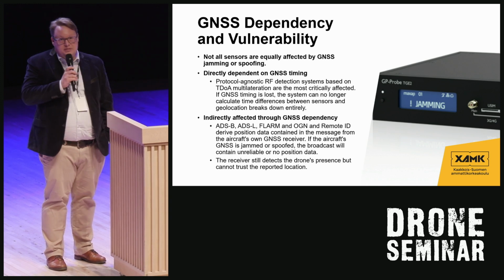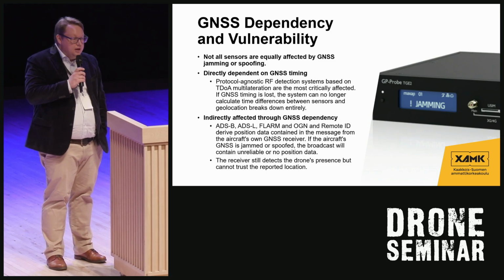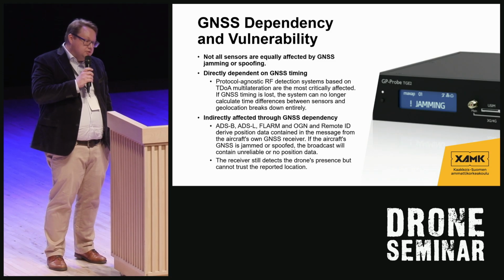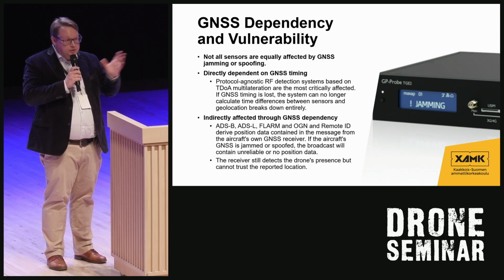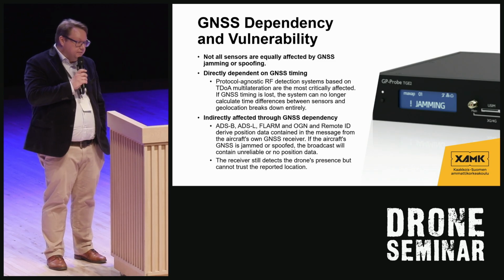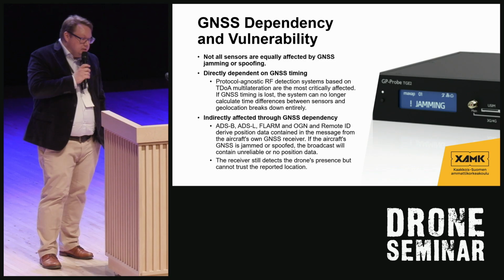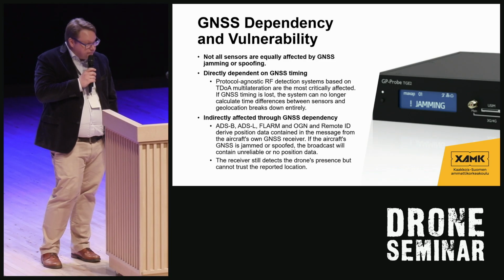If you don't have the satellite signal anymore, then you don't have the time synchronization, and you cannot do the multilateration, which means that if you receive the same signal with four receivers, you can get a 3D position of the aircraft. So this is the reason why GNSS interference is also very important.